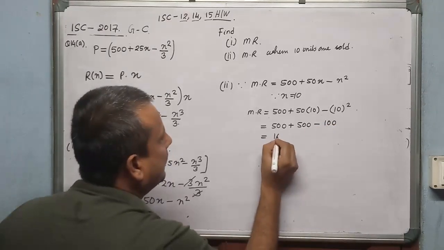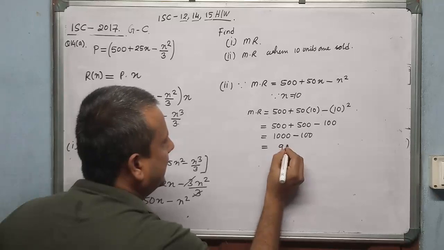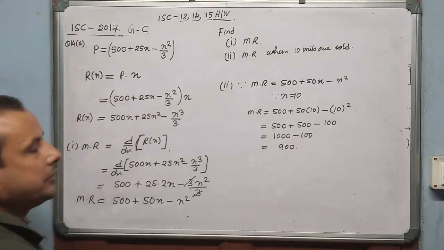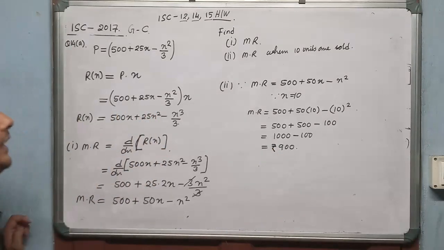It is 1000 minus 100. It is 900. This marginal revenue is in rupees, so it is represented by rupees 900.